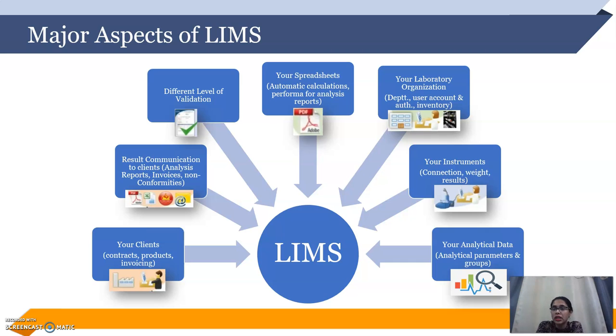So this is communication of results to the client. And also if there are some contracts which we have with the clients, or some products or invoices, that can also be managed with the LIMS platform. So these are the seven major aspects which we have in LIMS, which we should be very familiar with.